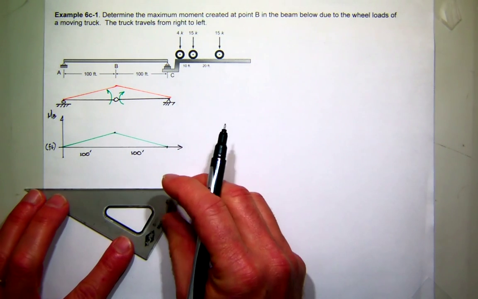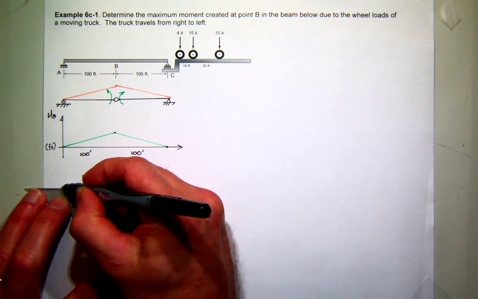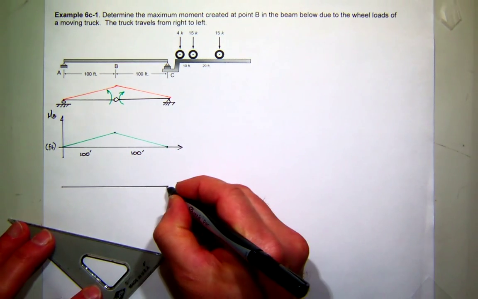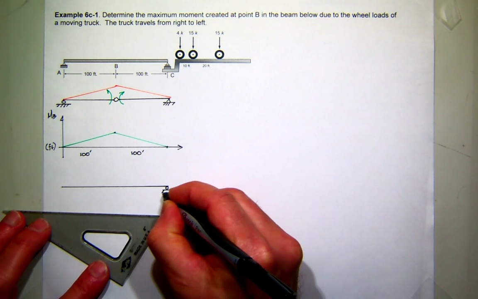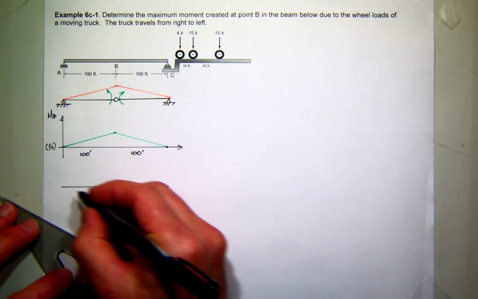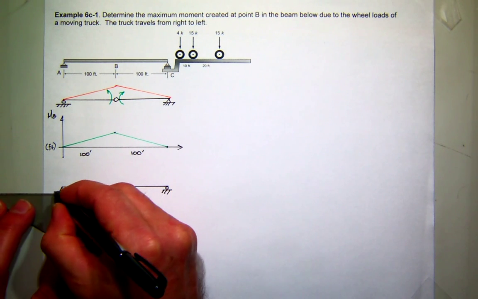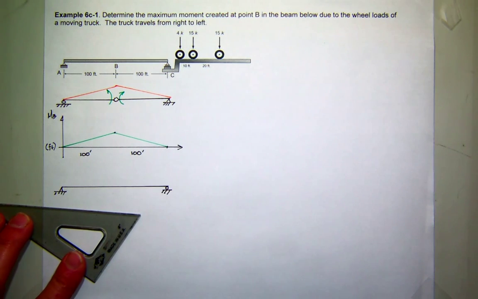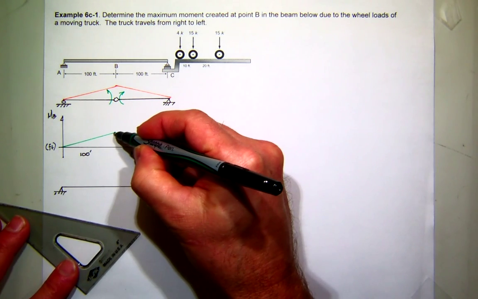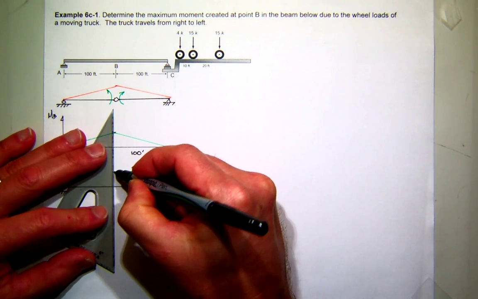That's not too hard. So what I really have is a simple supported beam. I'll get the supports right this time. A roller at C and a pin at A. And now since I want this position, that's where my unit load is going to be.